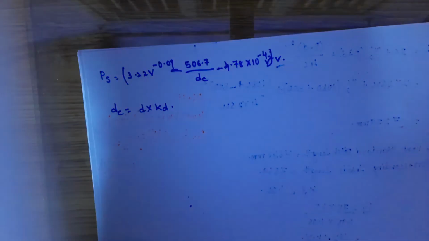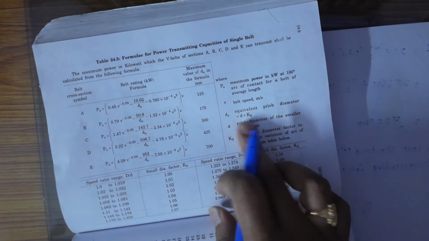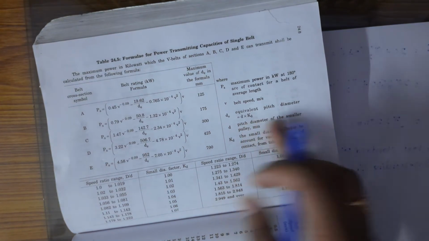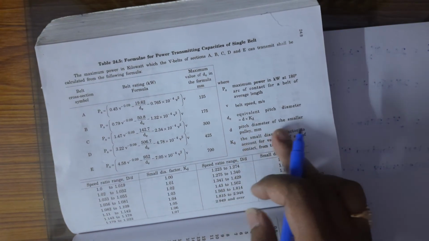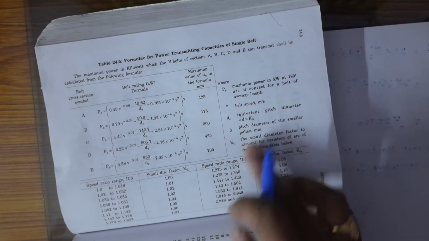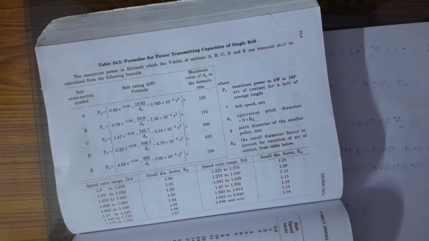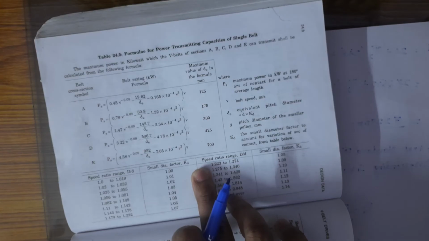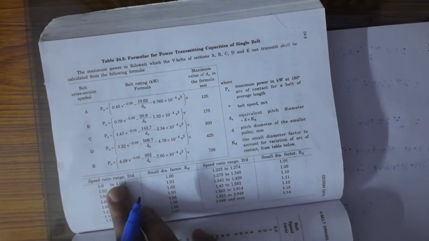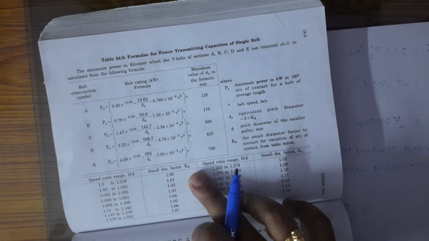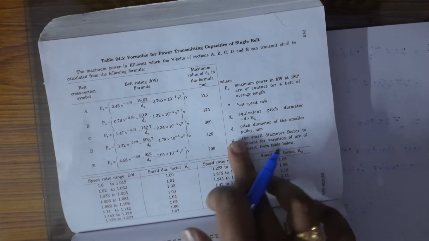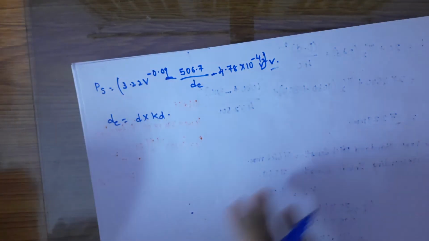D is the pitch diameter of the small pulley, and KD is the small diameter factor to account for variation of the arc of contact, from the tables below. You can find the KD value here, based on the speed ratio. The KD value we need to multiply with the pitch diameter of the smaller pulley.